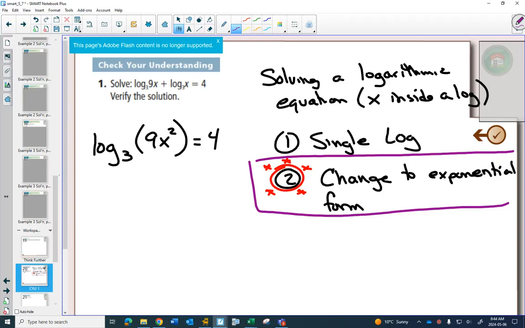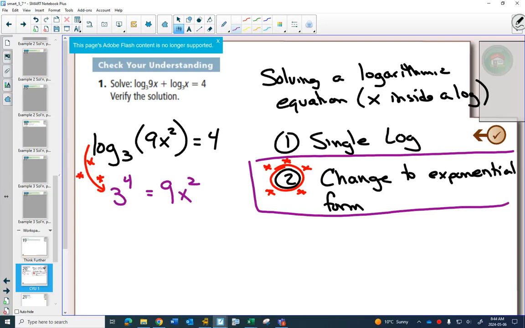How do you get the x out of being inside of a logarithm? The way to do that is to change to exponential form. What does that mean? And I'll do this whole step in purple. The base is 3. The exponent is 4, and it's going to equal 9x squared. And what makes this step so hard is that it looks so different from the step above.